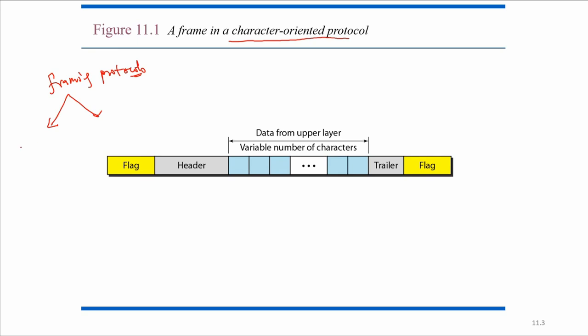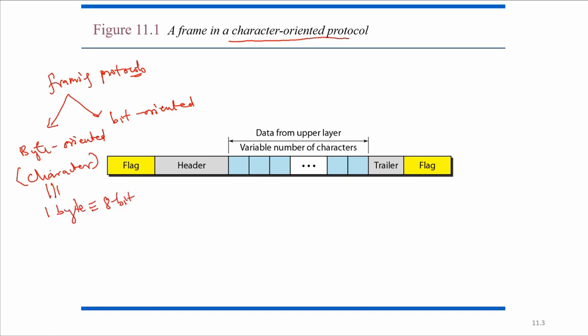One is called the character oriented protocol, also called the byte oriented protocol. The next one is called the bit oriented protocol. Byte oriented is also called character oriented because one character is represented by one byte, or 8 bits. That's why it is called either byte oriented or character oriented protocol.